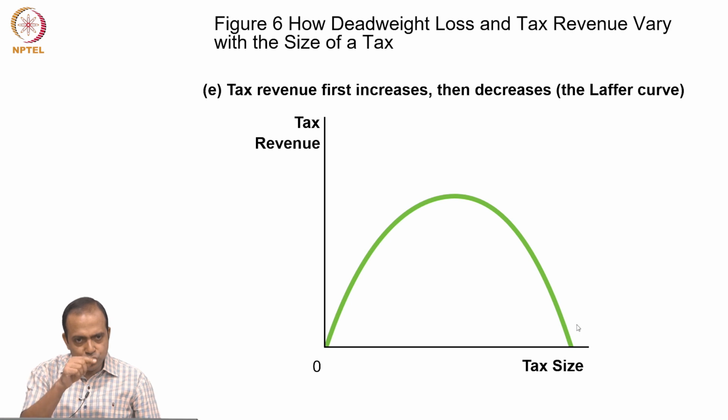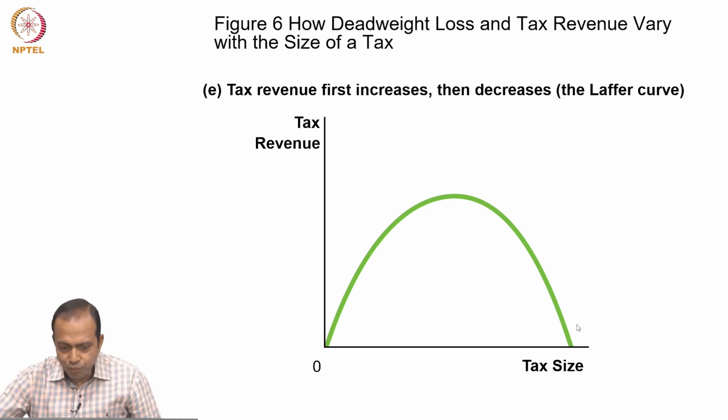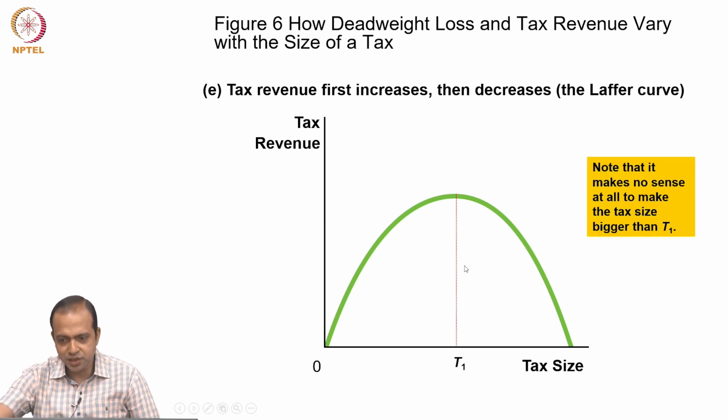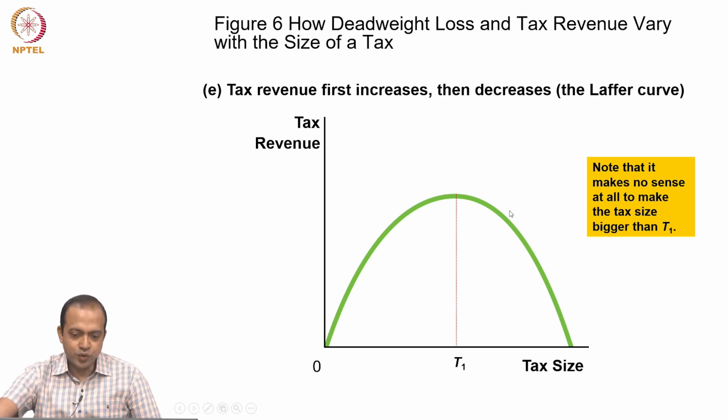As a result, when you multiply T into Q, that is increasing. So, government should increase tax up to this point T1. T1 is the optimum tax rate, and beyond T1 it makes no sense to increase the tax rate further, because that is reducing the tax revenue.